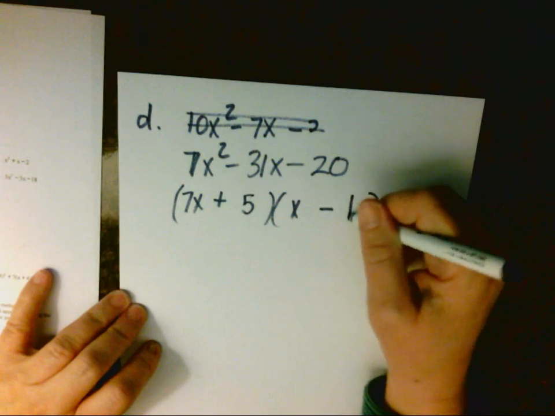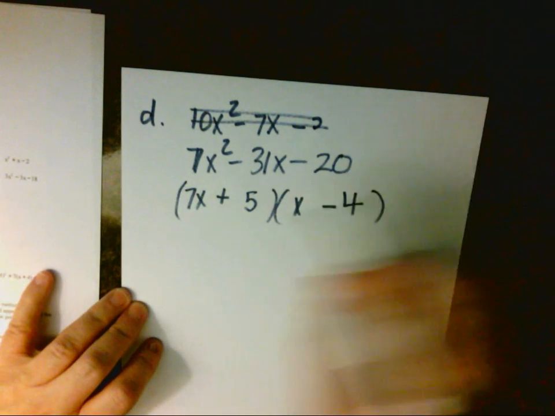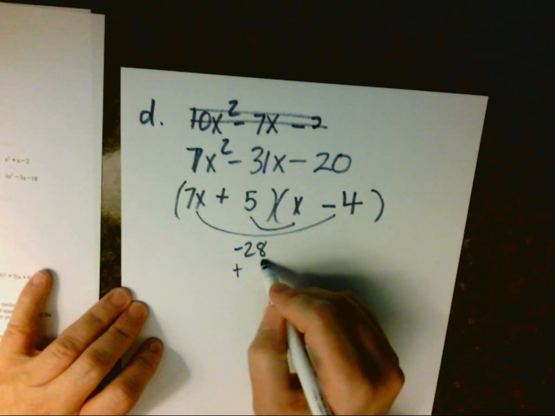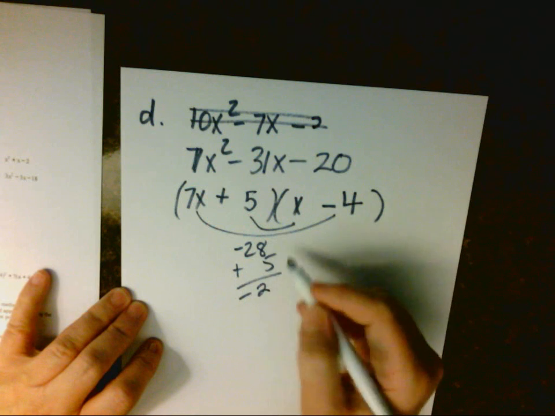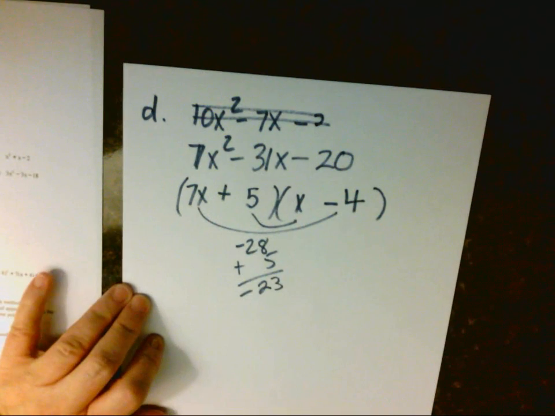Heck, why don't I try something, see what happens. 5 times 4. 5 times 4 is 20. Okay, so let's see what the outside gives us. Negative 28 and a positive 5. Negative 23. Well, that didn't do it.